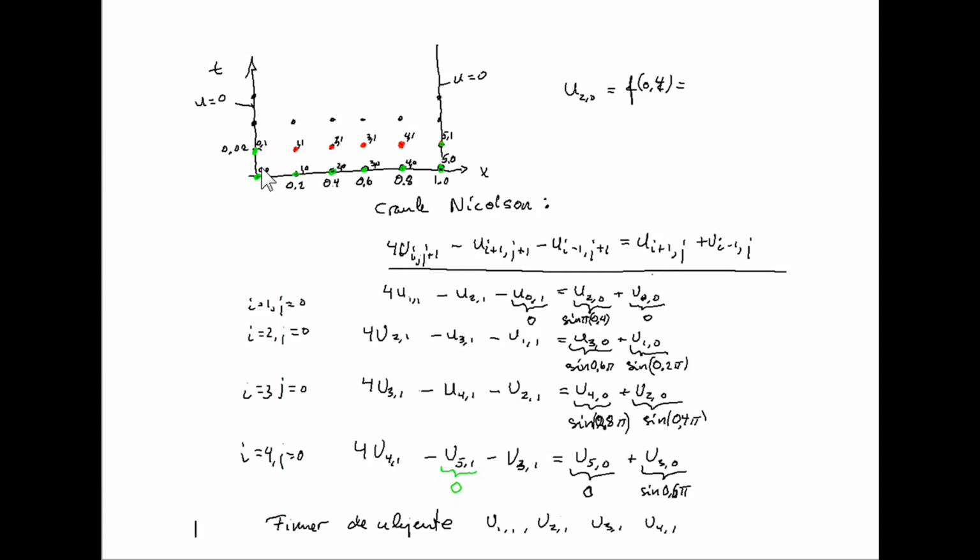When we have solved for these unknowns, we know all the values on this row. Then we can start the same procedure once more, putting j equal to 1 all over here, and find the unknowns in these 4 points. In this way we are going to find all unknowns in the interior of the domain for our solution.